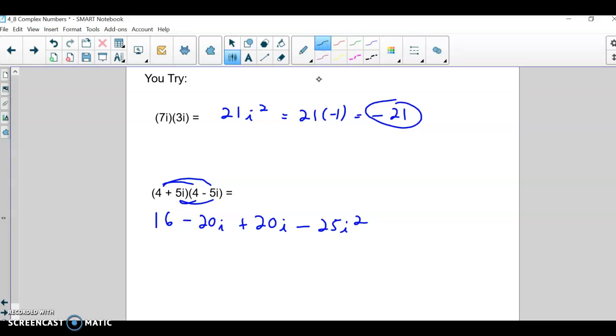Okay, and so this one's kind of interesting where these actually combine to 0. Negative 20 plus positive 20. So then we have 16, and then we're going to end up with a plus 25 because we're going to have negative 25 times negative 1 for i squared. So that becomes plus 25. So it all cleans up to 41.